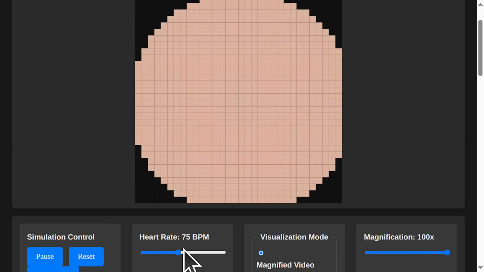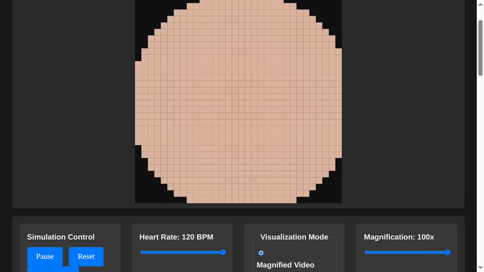You've built a digital vampire that can see blood. Okay, I'm listening. So this magnified video mode is just turning up the volume on the skin's color. Exactly. It's based on a technique called Eulerian Video Magnification. We're not inventing the signal, just making the invisible visible.